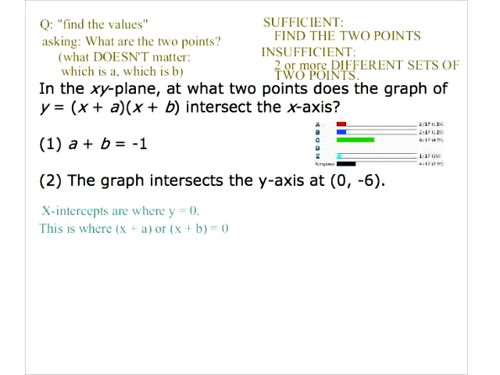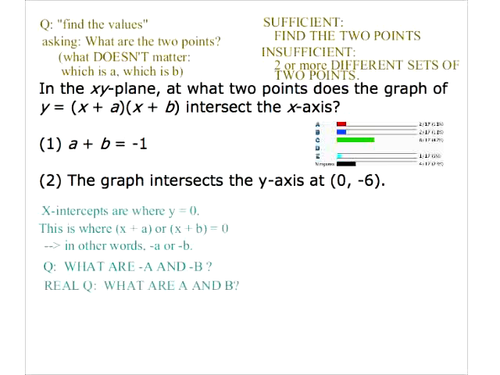So the question is, what are negative a and negative b? But we don't care about the negative signs, because if we have those, then we also have a and b. So the real question is, what are a and b? And again, it doesn't matter which is which. That's the key observation here, that it doesn't make any difference which is which.